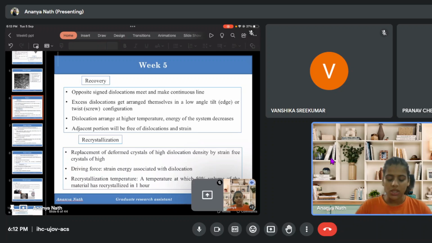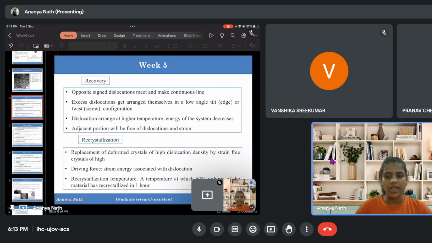Again, if the dislocations have arranged themselves in a particular manner, whether it is a high energy configuration or a low energy configuration, it means they have gathered in a particular place.